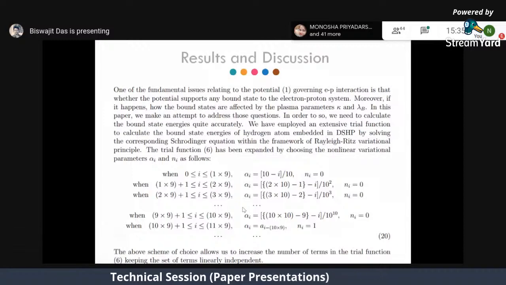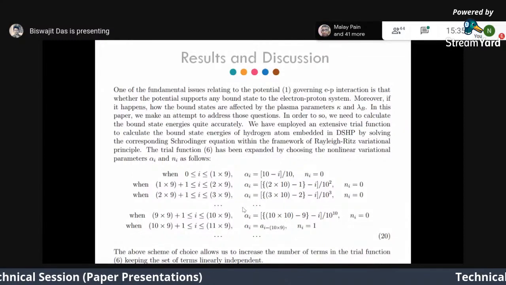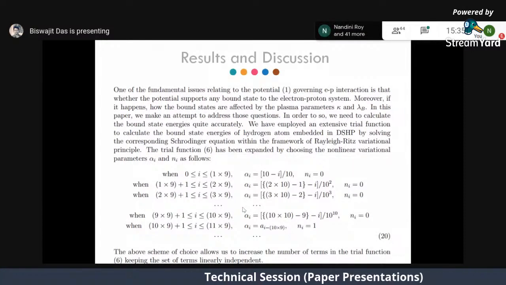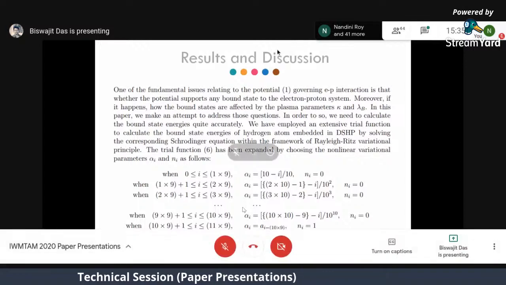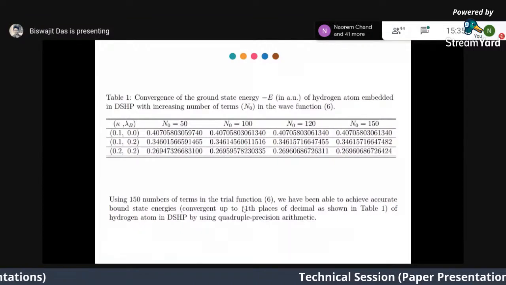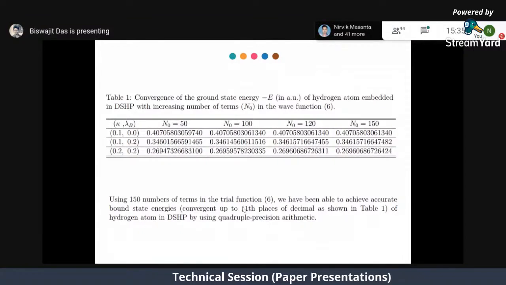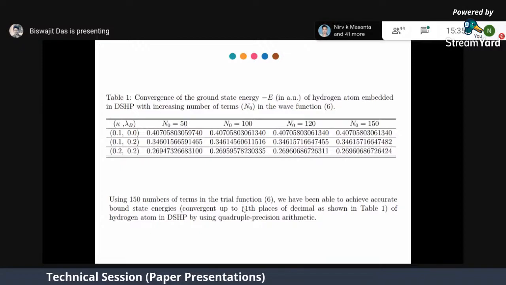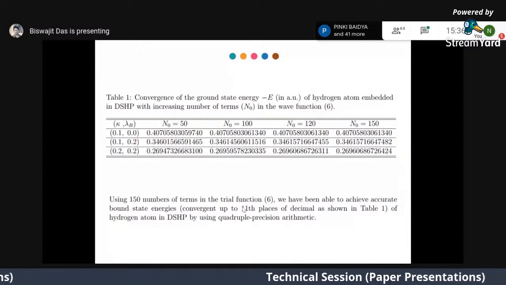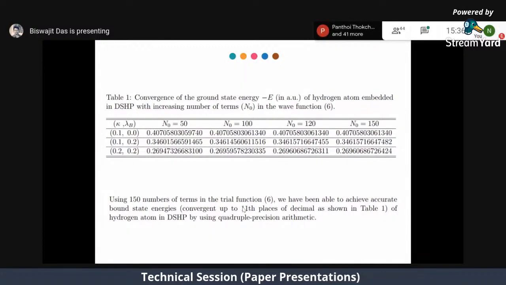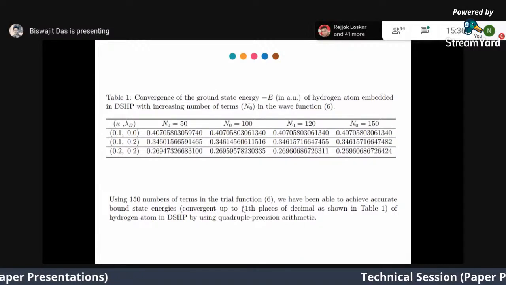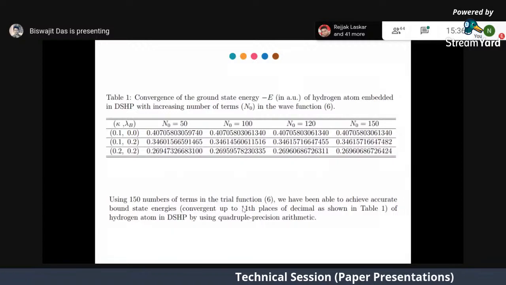The above scheme of choice allows us to increase the number of terms in the trial function, keeping the set of terms linearly independent. In table 1, using 150 terms in the trial function 6, we have been able to achieve accurate bound state energies, convergent up to 11 places of decimal, of hydrogen atom in dense semiclassical hydrogen plasma by using quadruple precision arithmetic.